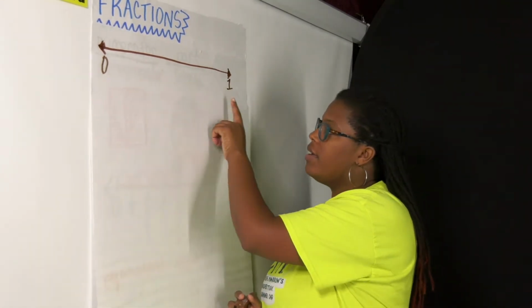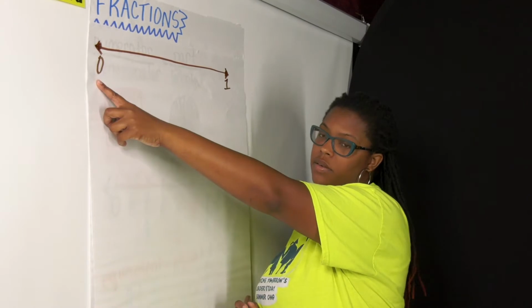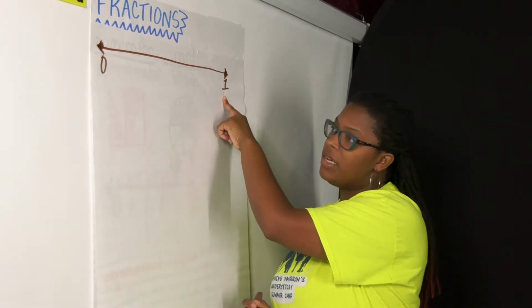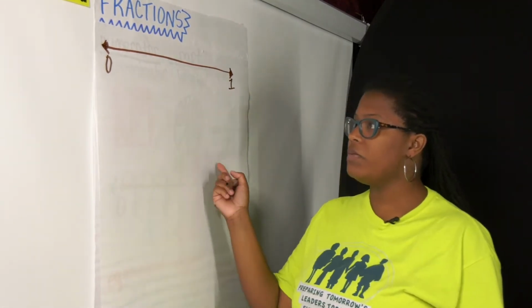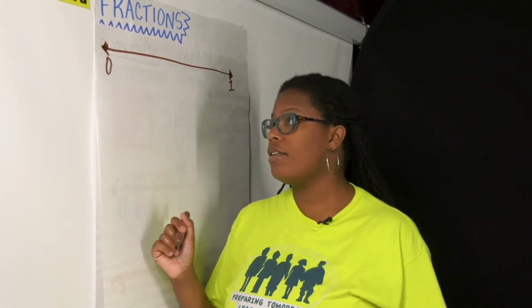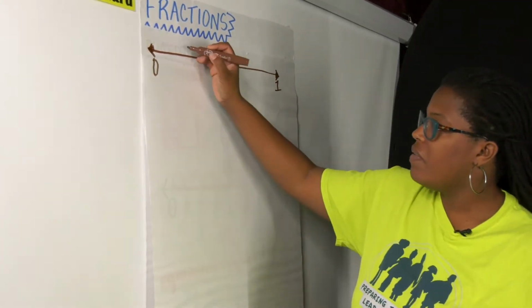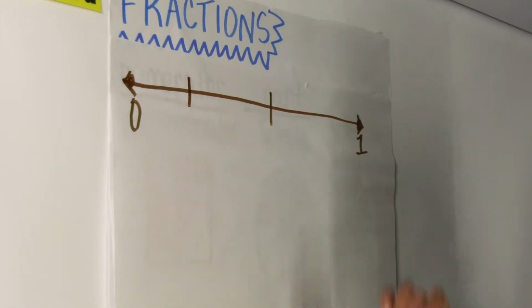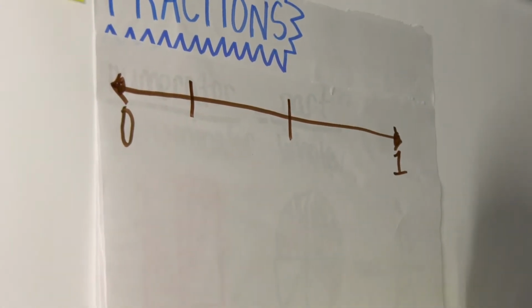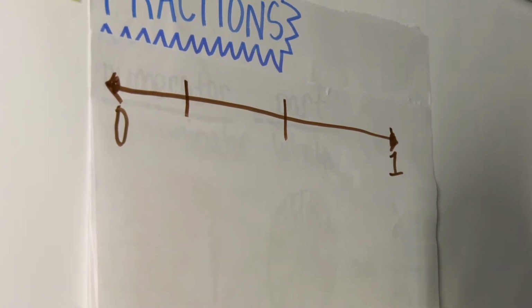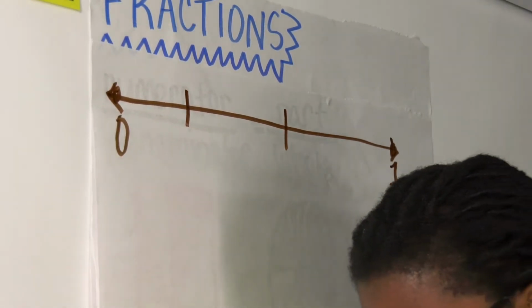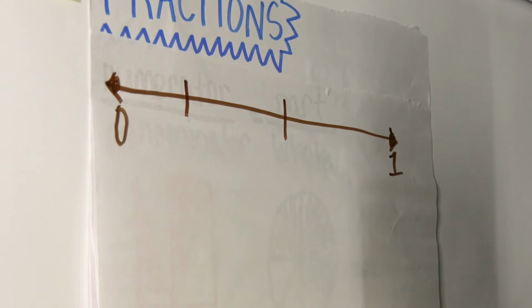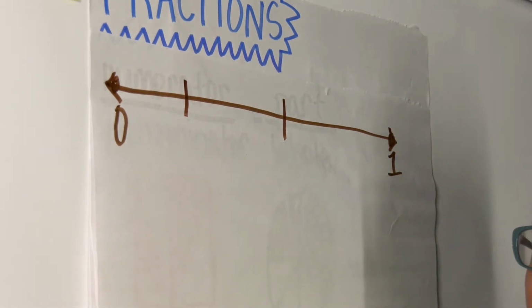So if I had 0, your number lines generally always start with 0 and end in 1. And sometimes I'm going to show you what it looks like outside of 1 as well. So say if I had a number line that looks like this, and you had to figure out how many pieces this number line is being divided into.